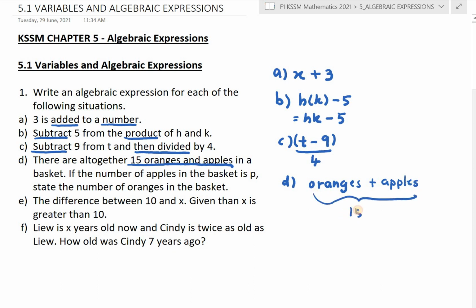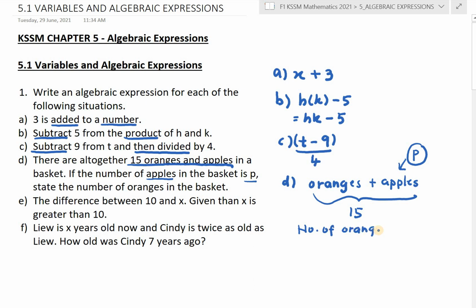If the number of apples in the basket is P, we assume that the unknown is P. Dia nak state the number of oranges in the basket, so we are going to find the number of oranges.